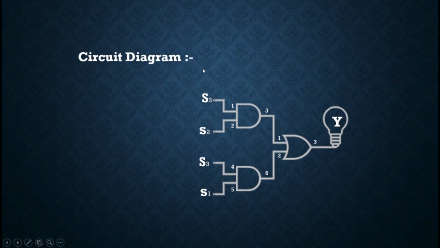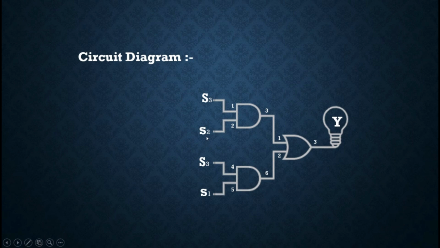Now let's move towards the circuit diagram of the BCD error detector. Here we have used 3 logic gates, 2 AND gates and 1 OR gate. The inputs here are S1, S3, S2 and S3. S1 and S3 are the inputs, and an AND gate is applied, so we get S1 dot S3.